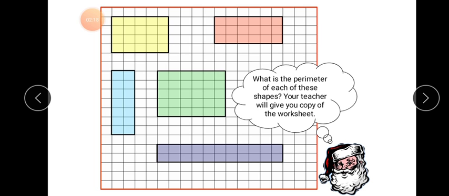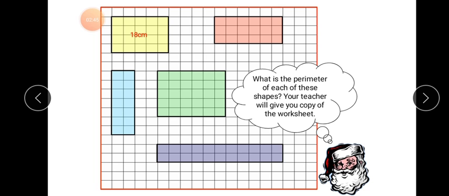So let us try to find the perimeter of different types of shapes. The first one is 18 centimeter. You can check it: 1, 2, 3, 4, 5, 6, 7, 8, 9, similarly 10, 11, 12, 13, 14, 15, 16, 17 and 18.